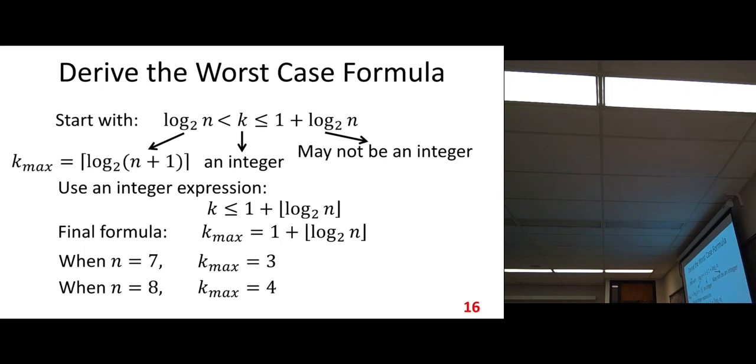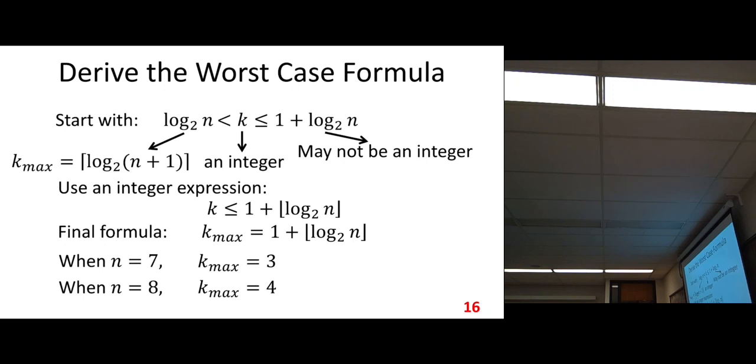Now, from this side, how do we represent it? n plus 1, log of base 2, ceiling function, because this is strictly less. If we just take the ceiling function directly, it may not be equal. It could still be strictly less. So that's why we increase that by 1. Think about it. We increase that number by 1.